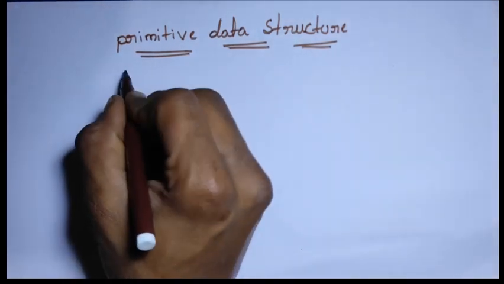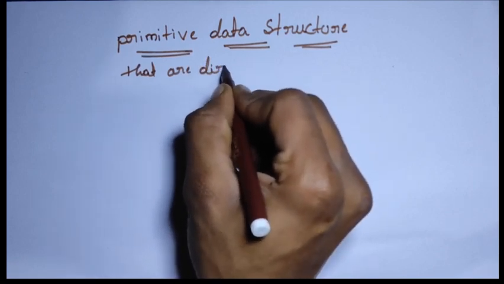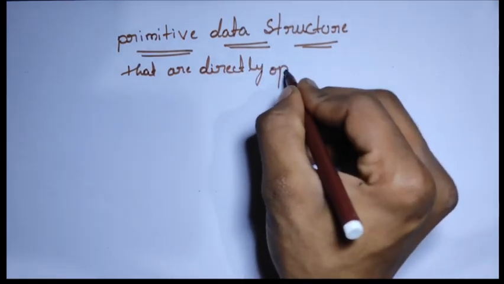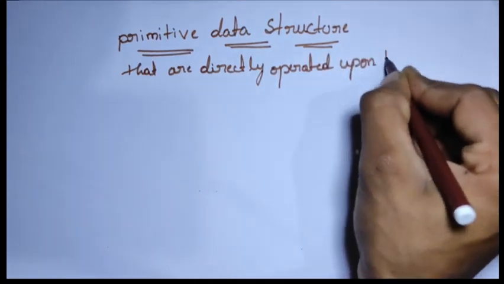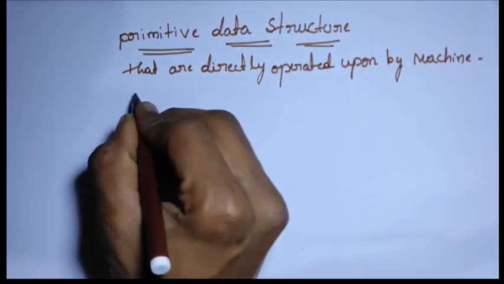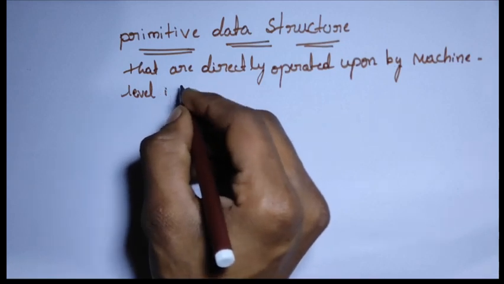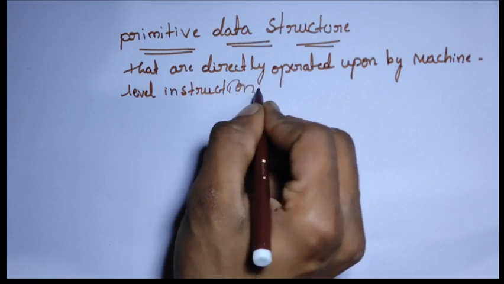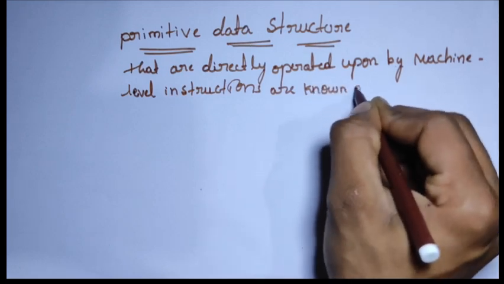The primitive data structures are those that are directly operated upon by machine level instructions.